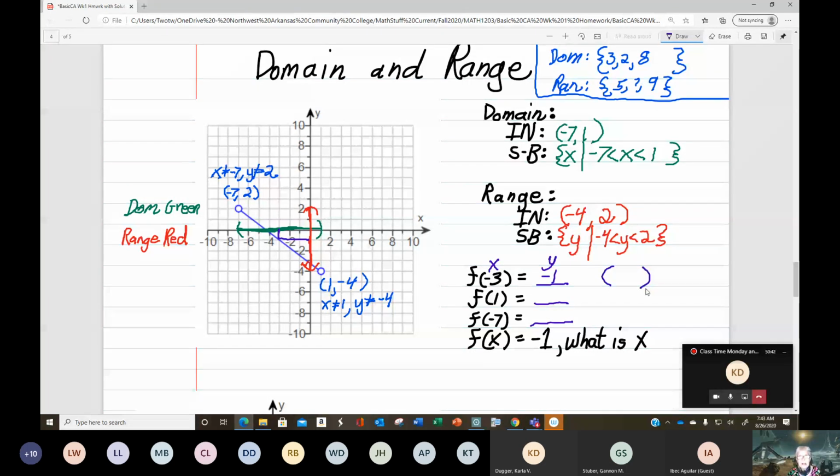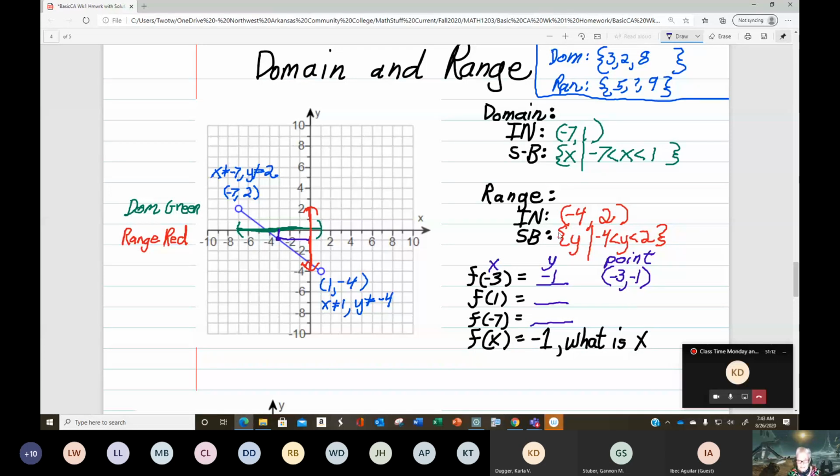Now this is not interval notation, this is a point. So let me write point. Since -3 is connected to -1, what this means is that this point on the graph is -3, -1.